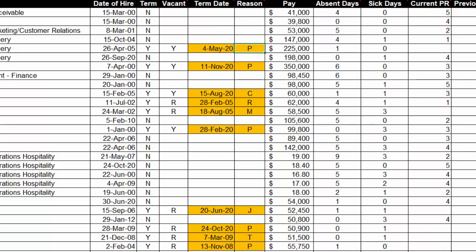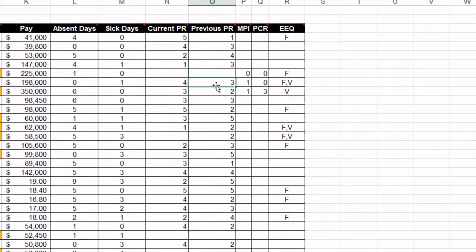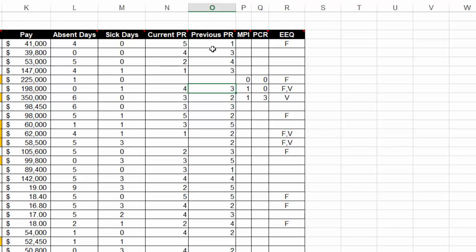And then we've got some supporting information that you might or might not use for recruitment, which is the pay, the number of absent days, the sick days. This one is important, the current performance rating. This is the rating for the current year, and we're going to use 2020 as the year, on a scale of 1 to 5. We won't really worry too much about the previous rating from the past year, but here's some performance measures.